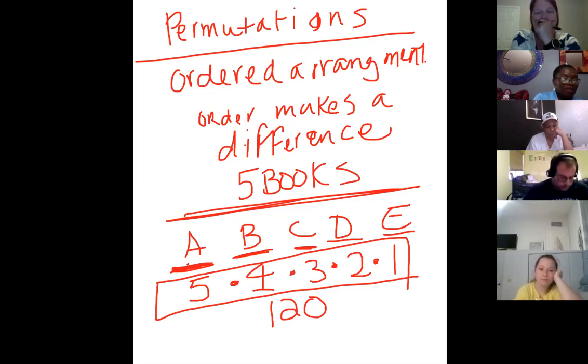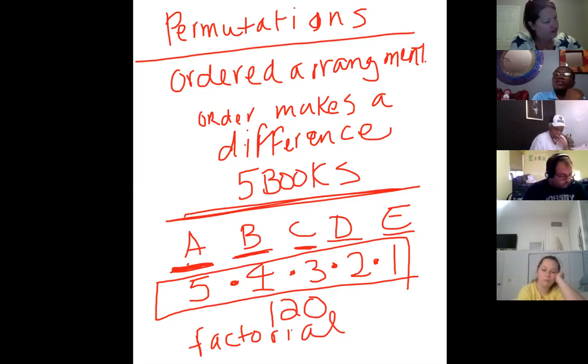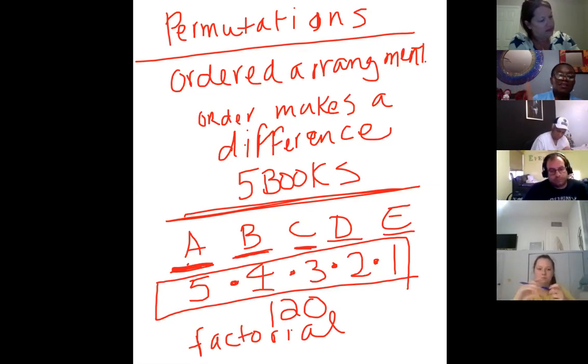These types of problems, where you take a number and multiply it by its previous digits, we call a factorial. So when we talk about factorials, we take a number and multiply it by its successive previous digits.